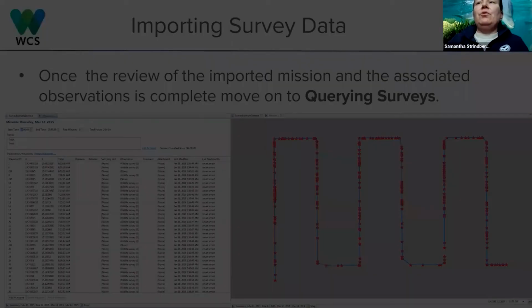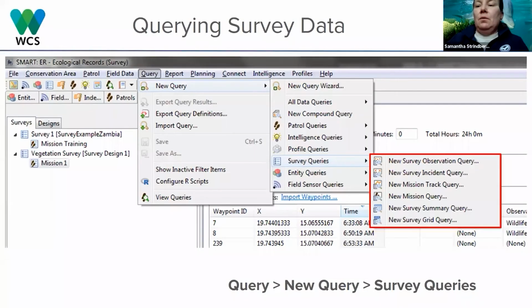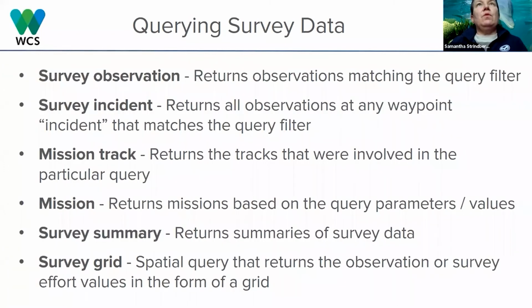And there are several options to choose from in terms of survey queries. So for example, you might want survey observations. So show me where all my elephant dung piles were, or where all my great ape nests were found during the survey.